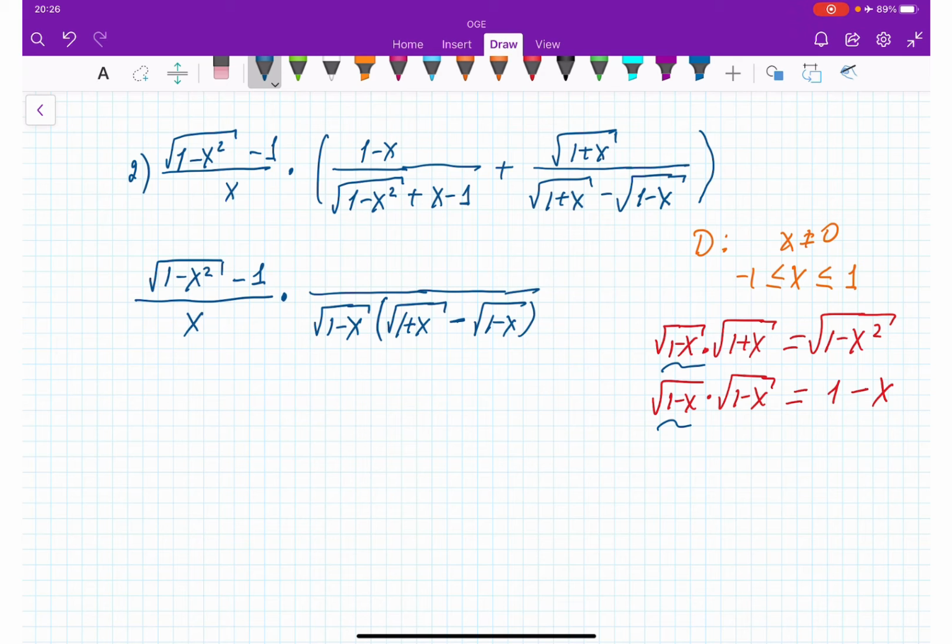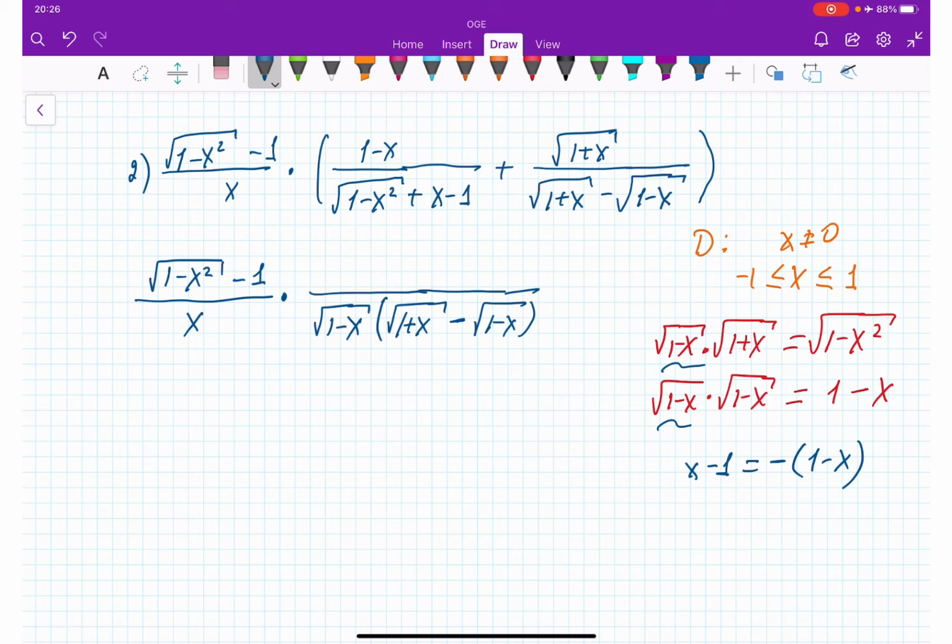What did I do? X minus 1. I can rewrite, put negative sign and write down 1 minus x. Why is that? Because I flipped the sign of both of them.